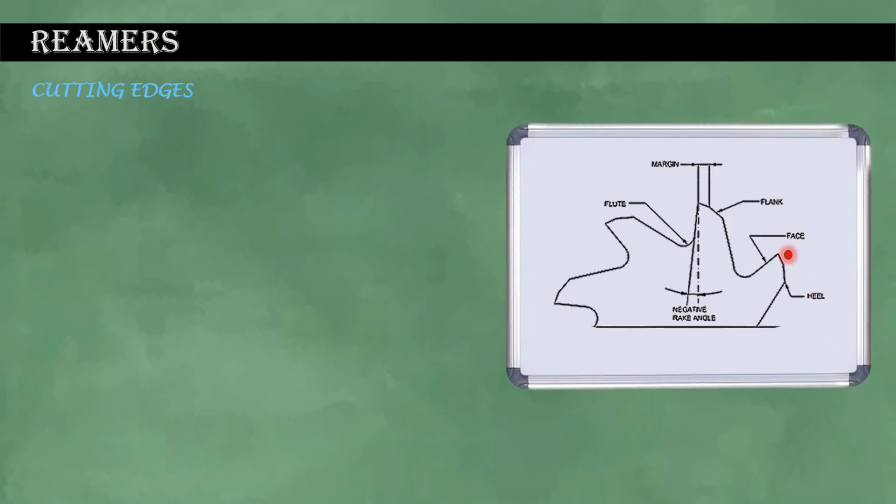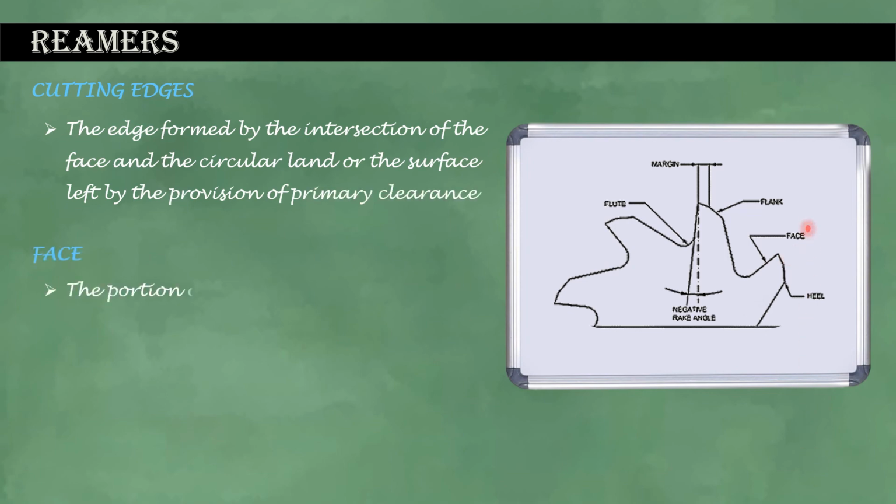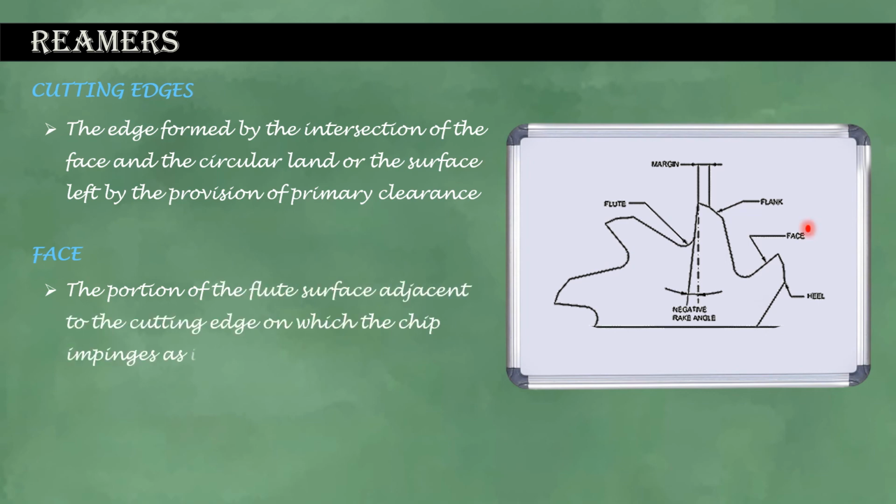Cutting edges. The edge formed by the intersection of the face and the circular land or the surface left by the provision of primary clearance. Face. The portion of the flute surface, adjacent to the cutting edge, on which the chip impinges as it is cut from the work.